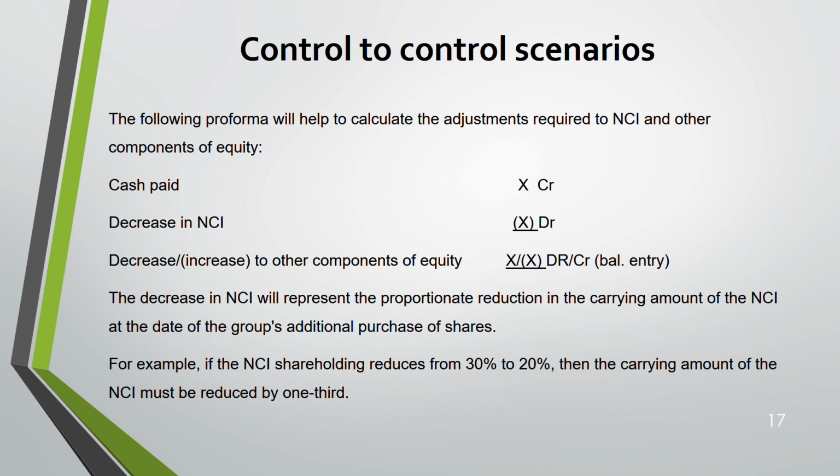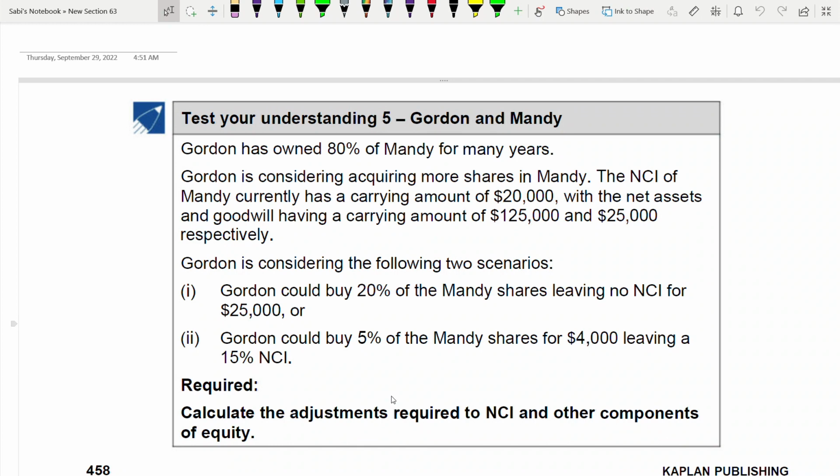Now let's do a question. Test your understanding 5. Here you have two scenarios where NCI is reduced. You are owning 80%. In the first scenario, you could buy 20%, which means having entirely 100%.